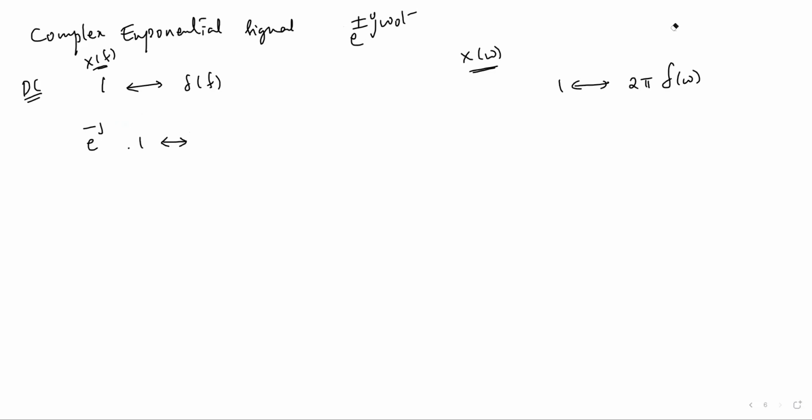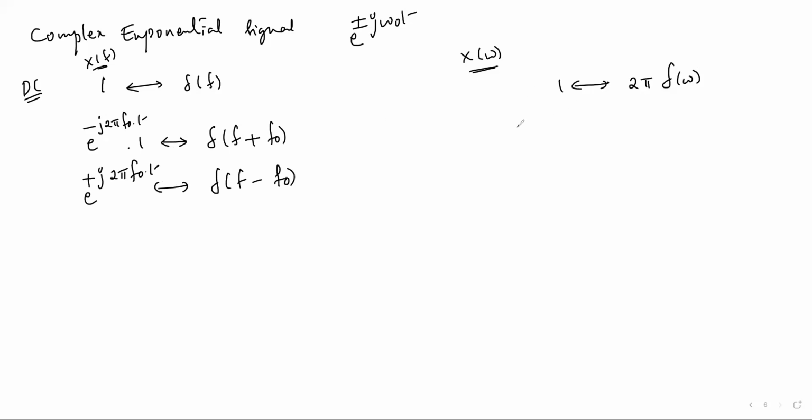Let us take omega naught as 2 pi f naught in f analysis, e to the power of minus j 2 pi f naught t. So this will be del of f plus f naught. In frequency shifting it is the opposite sign, as I told you in the Fourier transform properties. So if it is e to the power of plus j 2 pi f naught t, we will get del of f minus f naught.